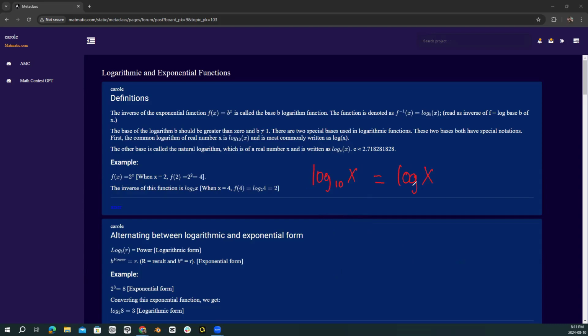Sometimes we just don't write the 10, because this is a special notation. The other base is called the natural logarithm, which is a real number, and it's written as log base e of x. And e is an infinite decimal, but we usually just round it to 2.71.